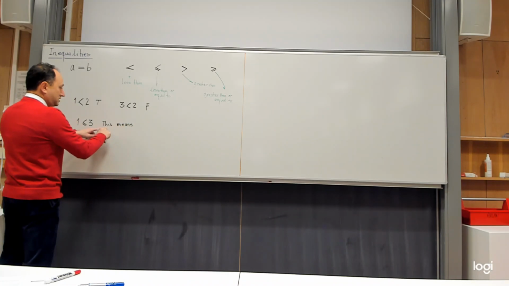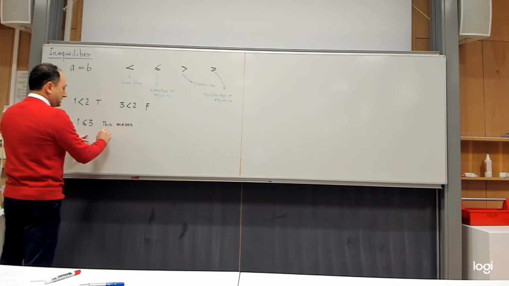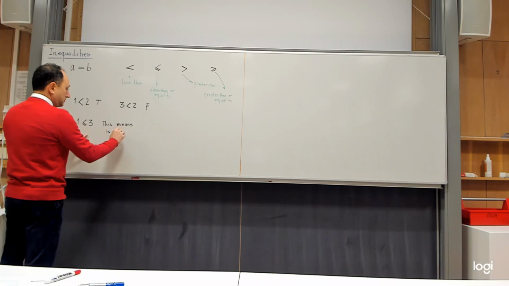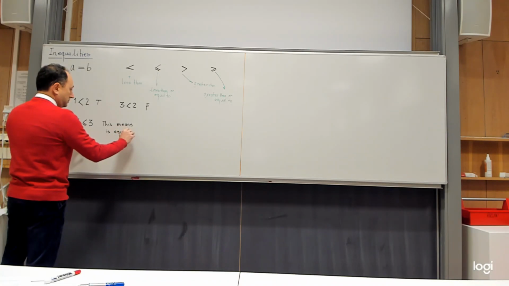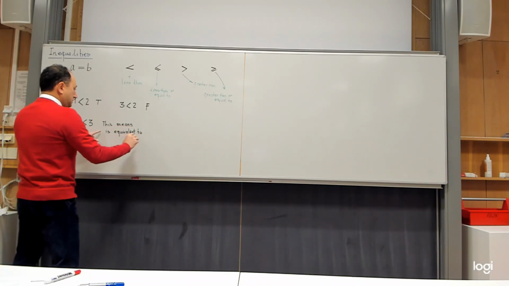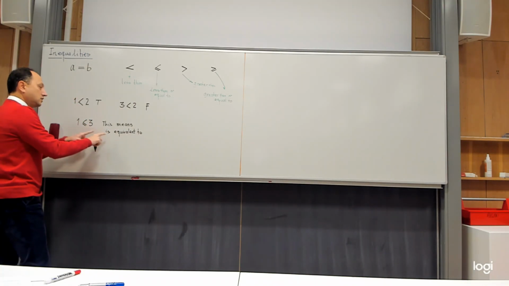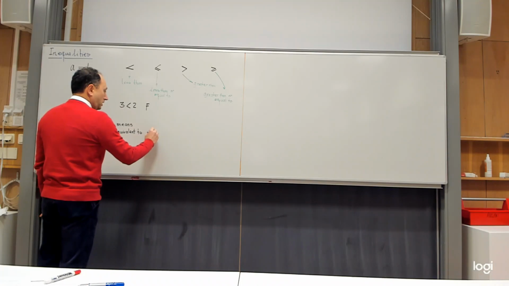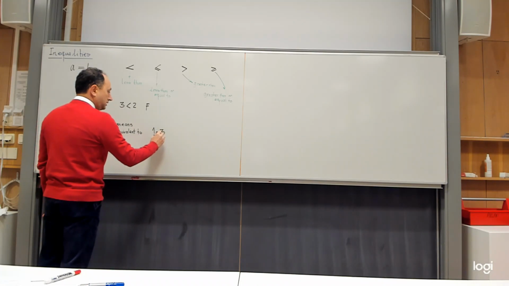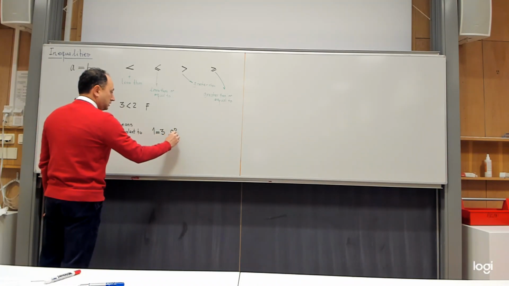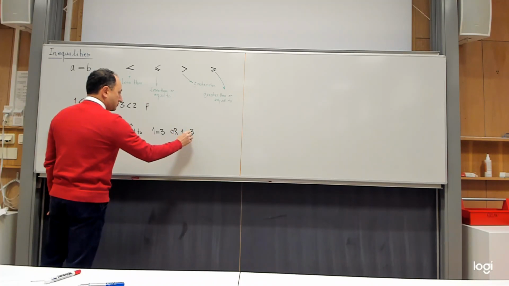In mathematics, instead of saying this means, we say is equivalent to. This statement that you see is equivalent to saying 1 is equal to 3 or 1 is less than 3.